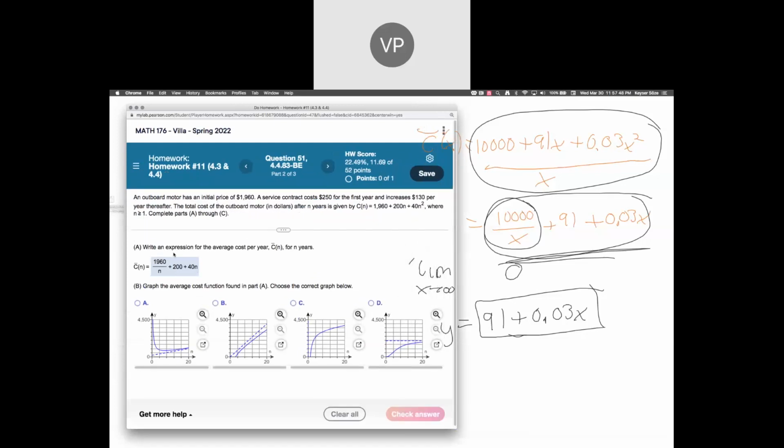In this one, you go through the process of finding out what exists and what doesn't exist. We know we're not going to have any negative n's. We know from looking at this you can't have a zero, so there's a vertical asymptote. You don't have to go through the whole process of finding the first, second, third derivative.